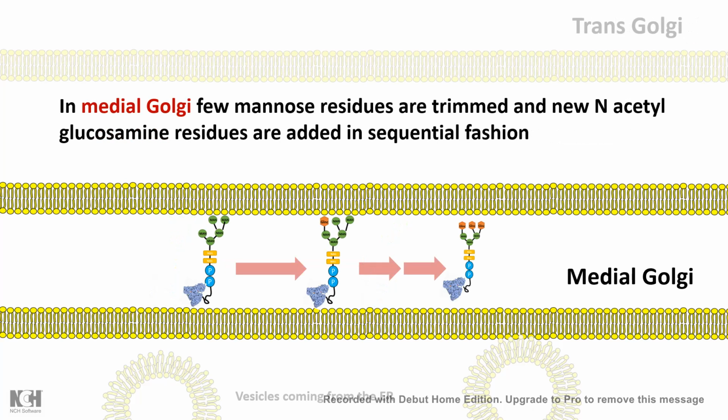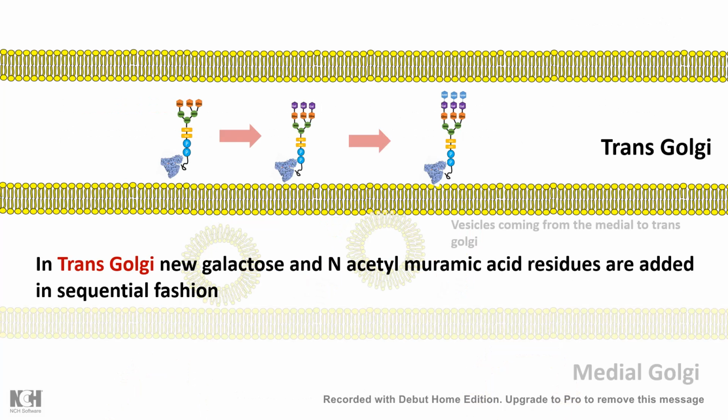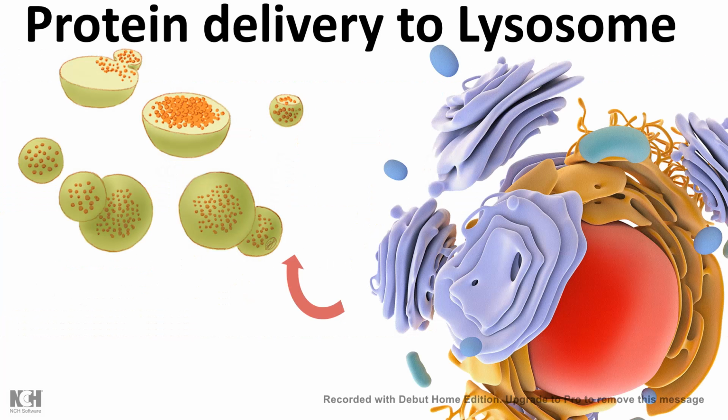There are other enzymes which ensure that N-acetylglucosamine is added to this tag. Several other transferase enzymes transfer galactose, sialic acid, etc. in the trans-Golgi network. This specific modification ensures which protein is going to be delivered to which location.